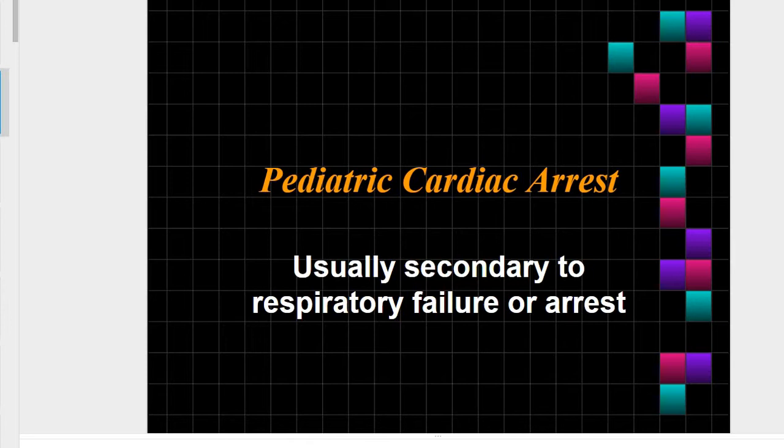So there may be something that has precipitated the respiratory failure or arrest, but when we look at the reason for the cardiac arrest, the primary reason, more often than not, it is related to hypoxemia, hypercarbia, and/or a combination of both.